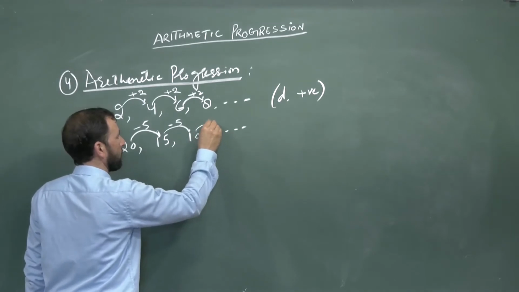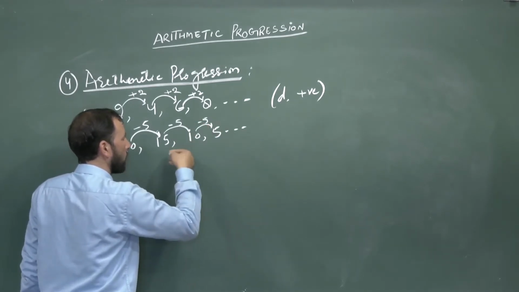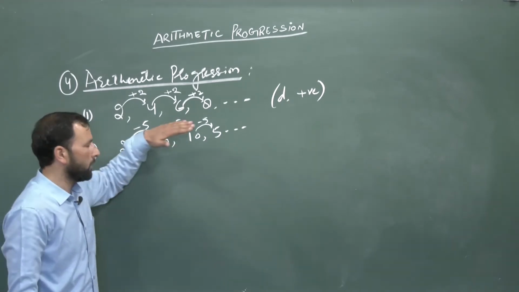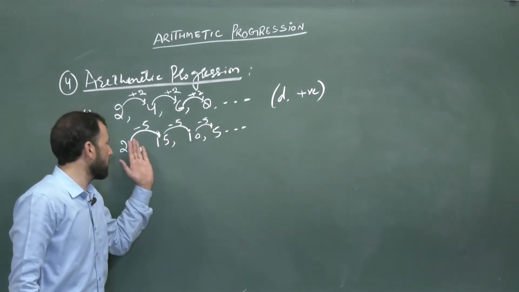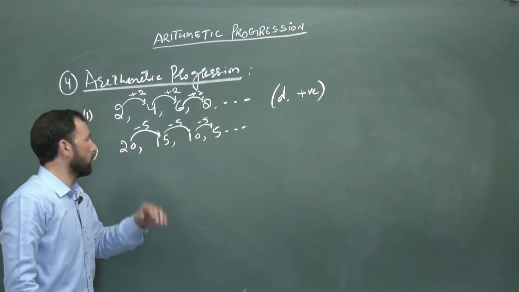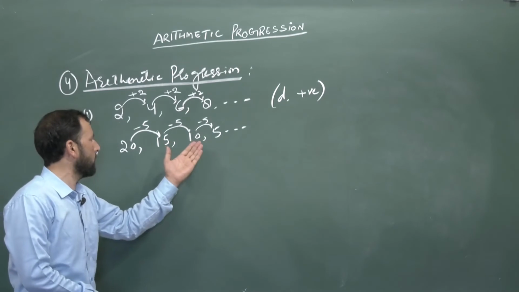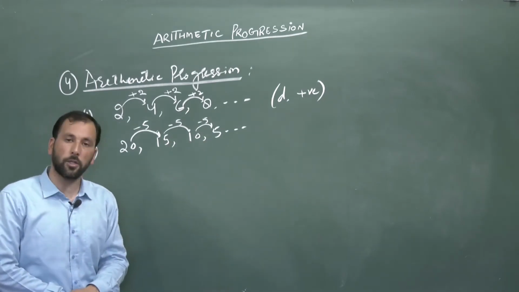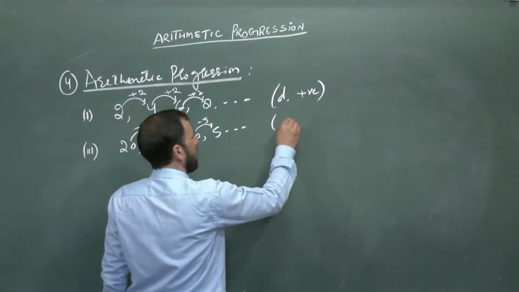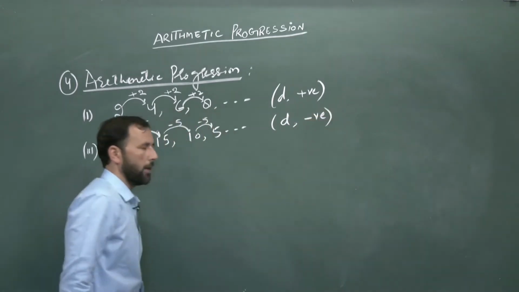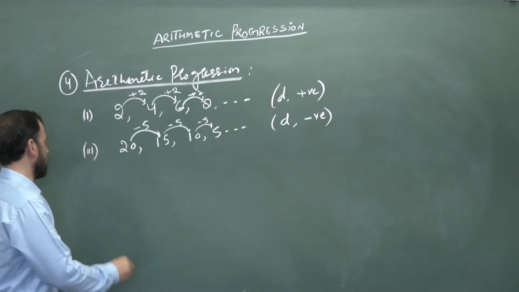If we subtract 5 here, we get 5. So in this list of numbers, we have 20, 15, 10, 5. Each term is obtained by subtracting 5 from the preceding term. Then this list of numbers is said to be an arithmetic progression where D is negative.